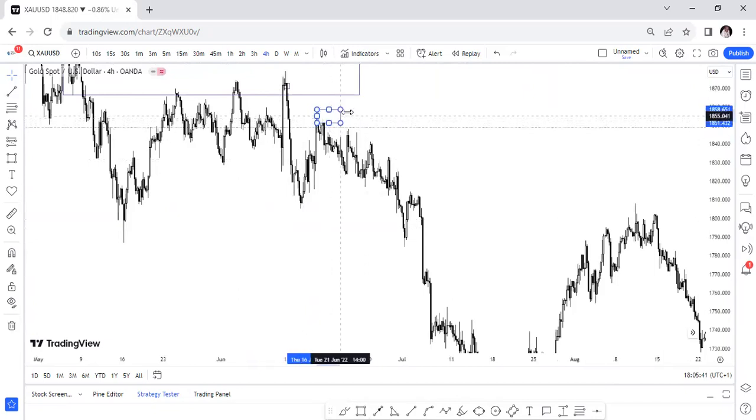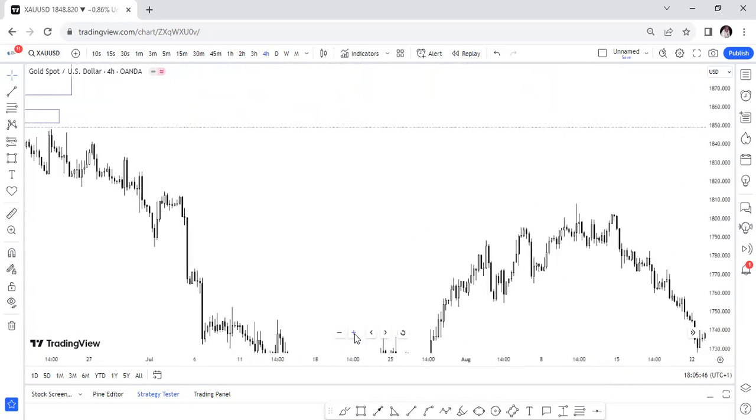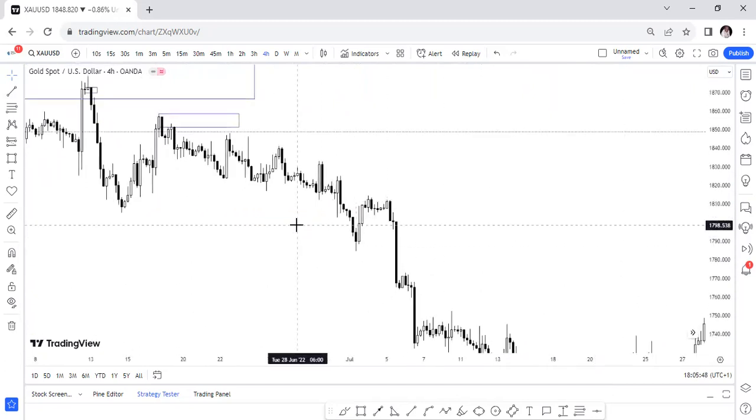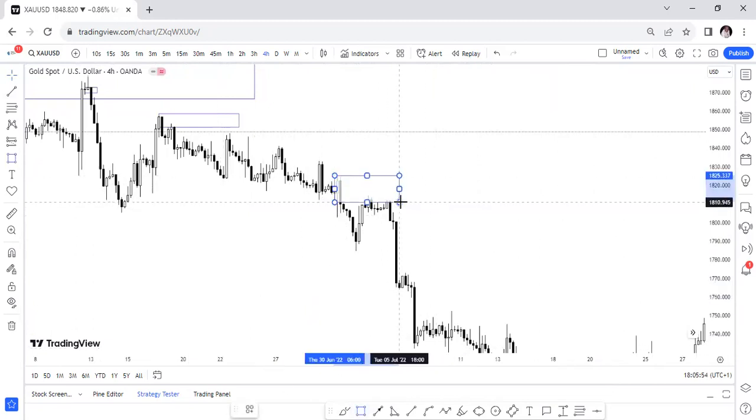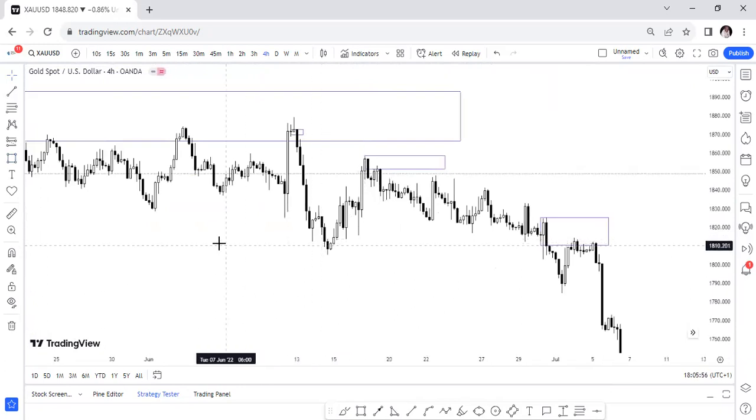So you continue to use your continuation pattern: a breakout, a retest to it, a breakout, a retest to it. You want to use your continuation pattern to sell more.